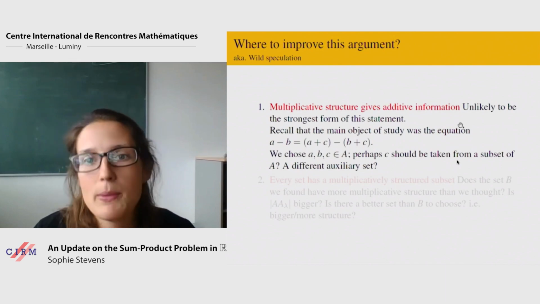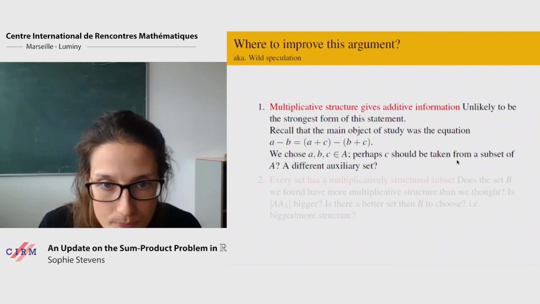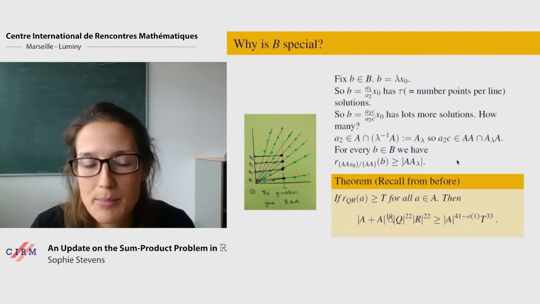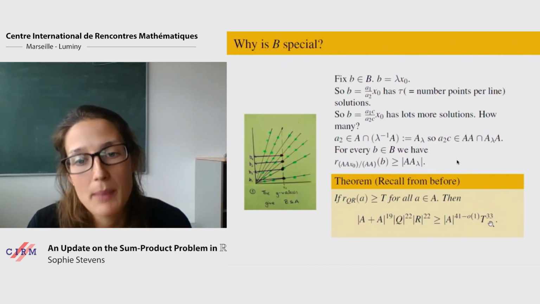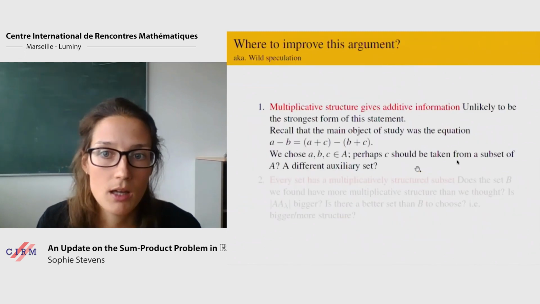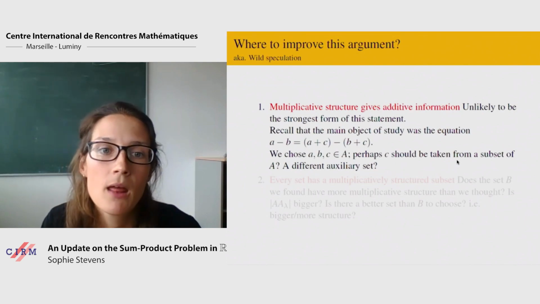This theorem, which I've just repeated, is very unlikely to be the strongest form of this statement. These exponents, 19, 22, 41, 33, are unlikely to be the best exponents that we can get. So that gives us hope that this part of the theorem could be improved.